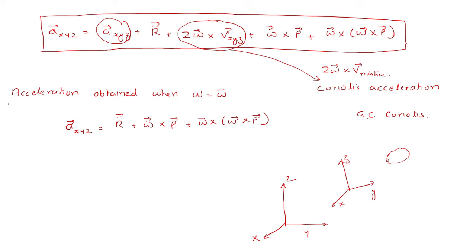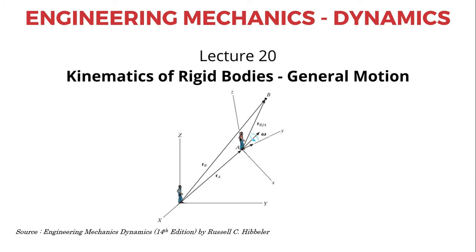In terms of relative motion analysis, which we will be dealing with later, it is 2 omega cross the V relative vector. Now let us look into the relative motion interpretation of this equation. As I told you earlier, you have a moving frame xyz that is rotating with an instantaneous angular velocity omega with respect to the initial frame capital XYZ. Here RB in our equation is r, RA in our equation is capital R, and RBA in our equation is rho.